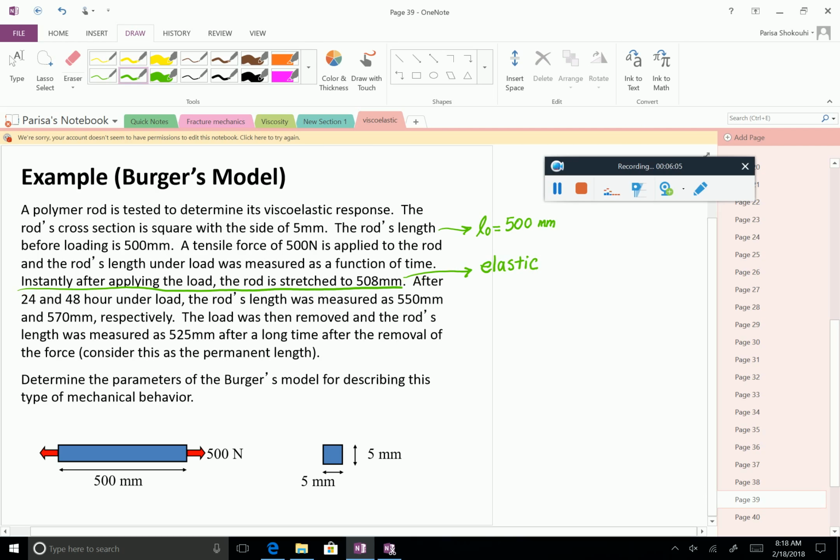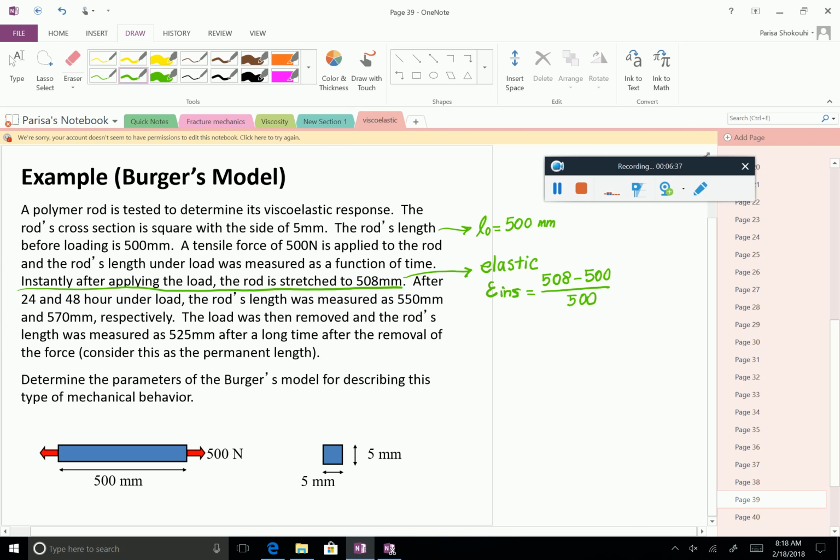And so if you want to calculate the elastic strain, the elastic or instantaneous strain would be basically 508 minus the original length over the original length.